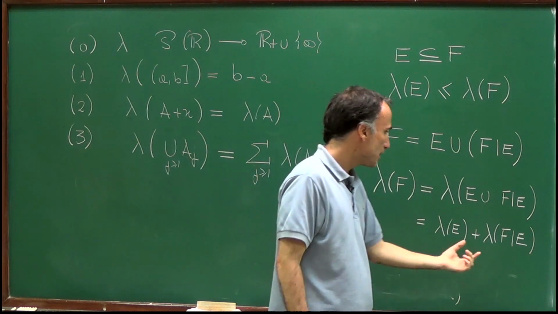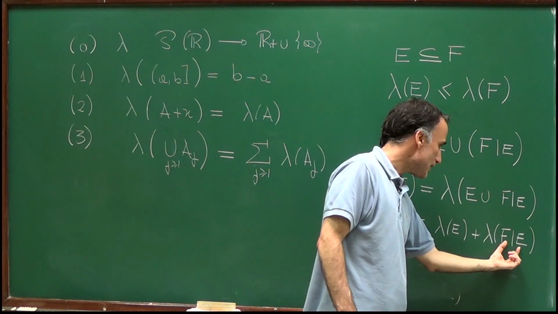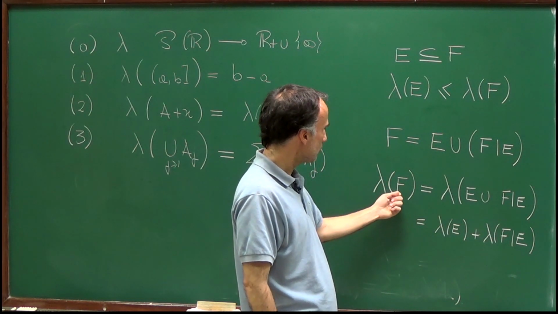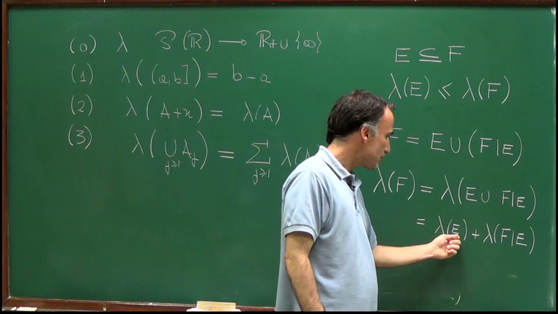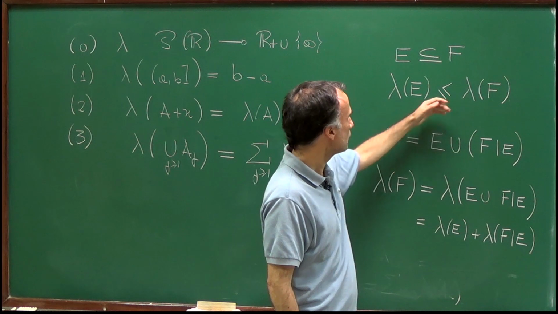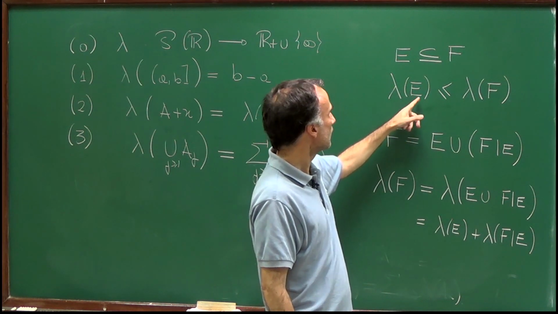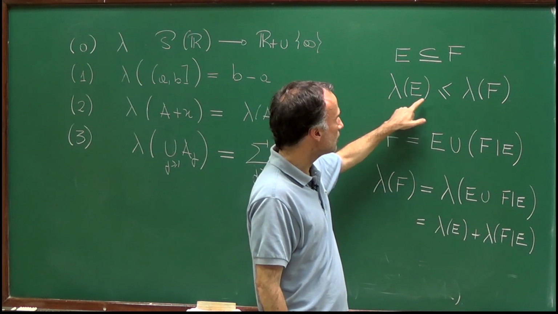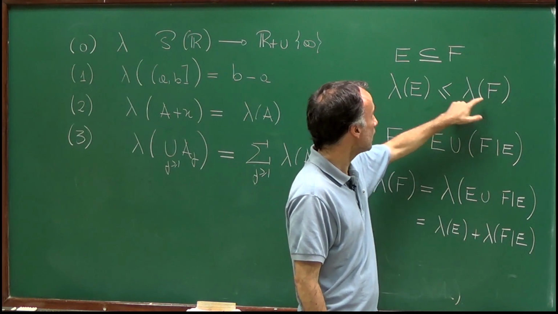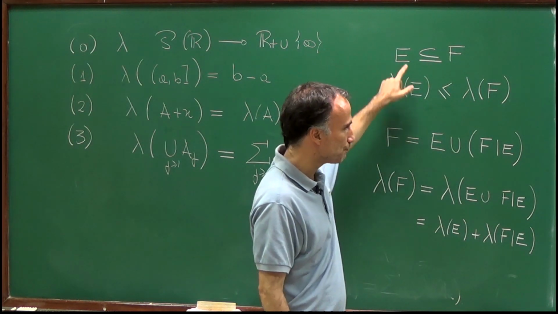On the other hand, if this set has finite measure, we do get that the measure of F is greater or equal than the measure of E. So in both cases, we can conclude that the measure of the set E is less than or equal to the measure of the set F if F contains E.